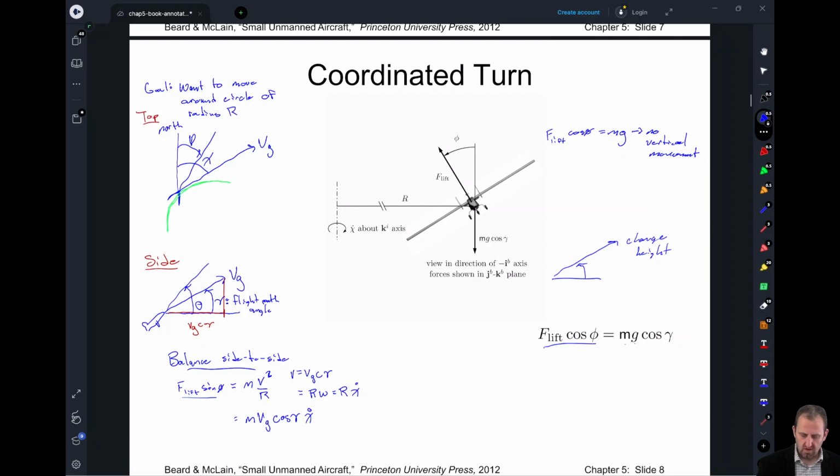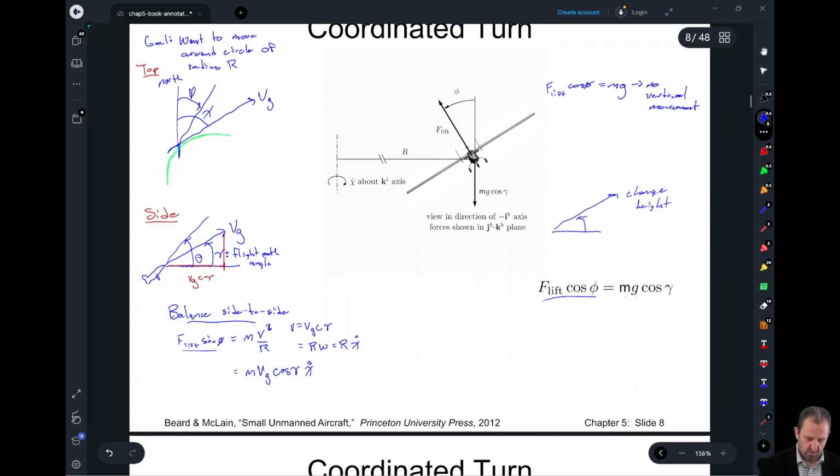Okay, so we'll do the same as before and divide.